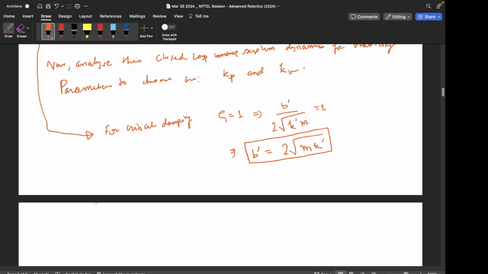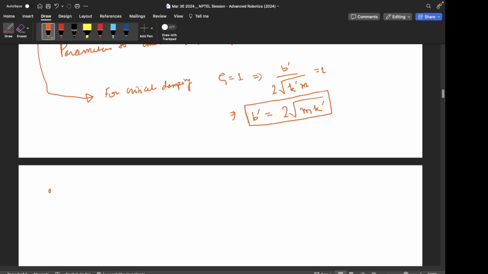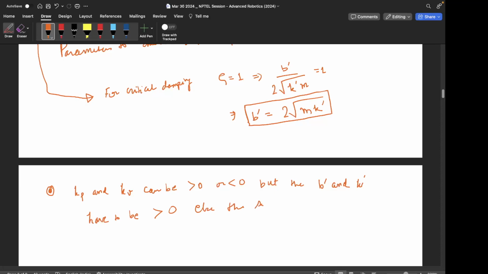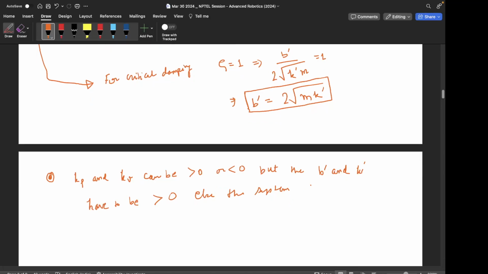So let's put this note down: kp and kv, the gains, can be positive or negative, but the parameters of the closed loop system dynamics, that is b dash and k dash, have to be positive, else the system will destabilize or will be unstable.